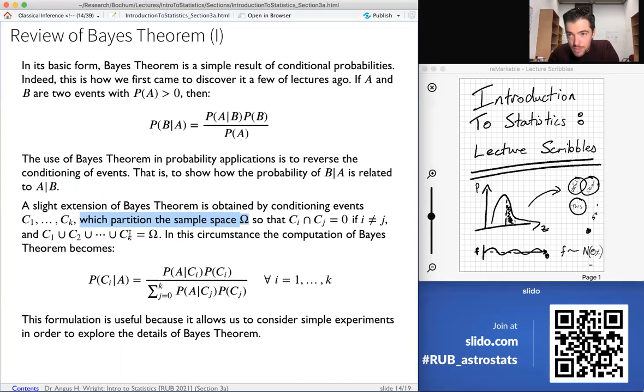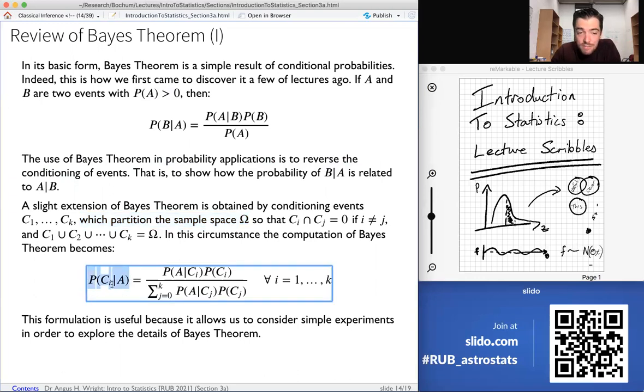And when you have that particular setup, when the outcomes are unique, they don't overlap, and they fully represent the sample space, then you can reformulate Bayes' theorem as: the probability of Ci given A is the probability of A given Ci, the likelihood, times the probability of Ci, divided by the summation from j equals 0 to k of the probability of A given Cj and the probability of Cj.